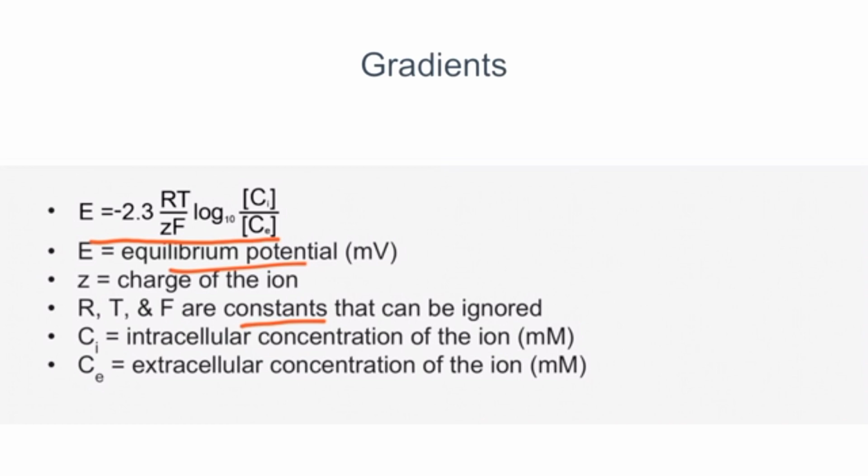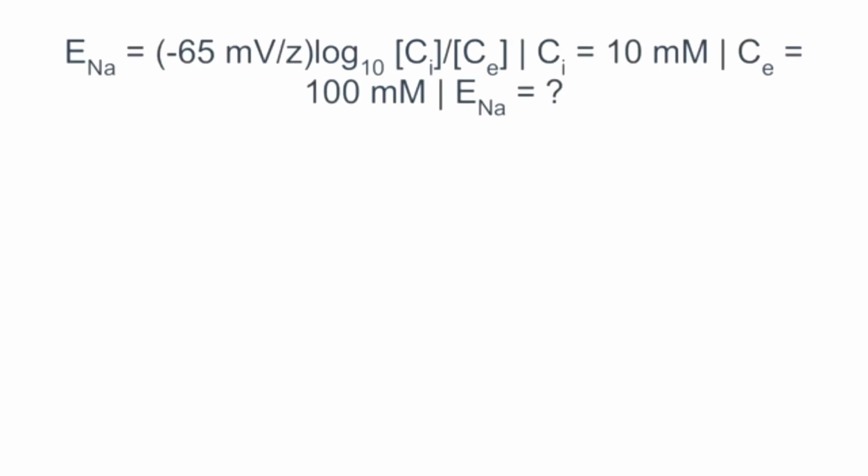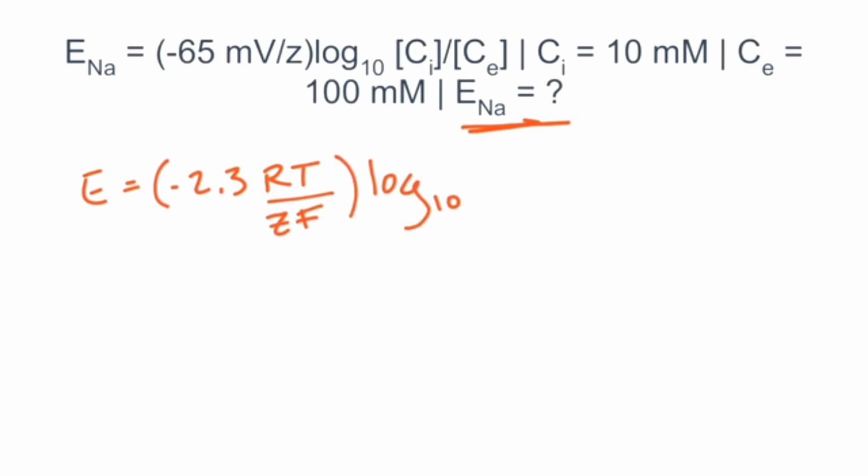Let's do an example. So we've been given parts of the Nernst equation and we're asked to solve for the equilibrium potential of sodium. Recall that the full equation is E equals -2.3 RT over ZF log base 10 Ci over Ce.